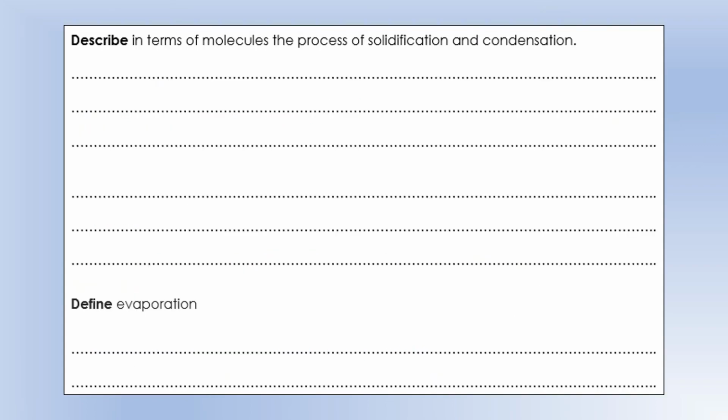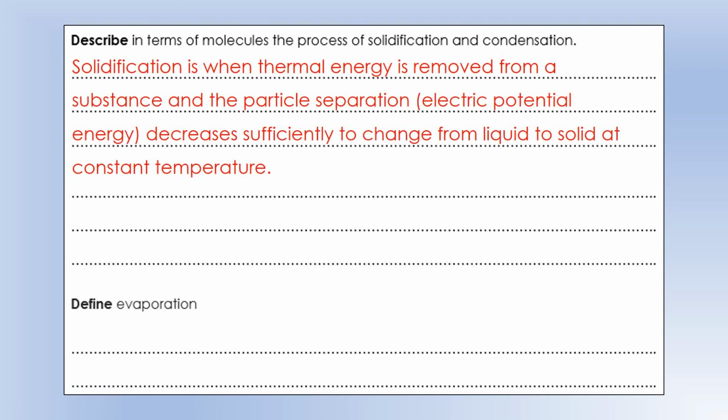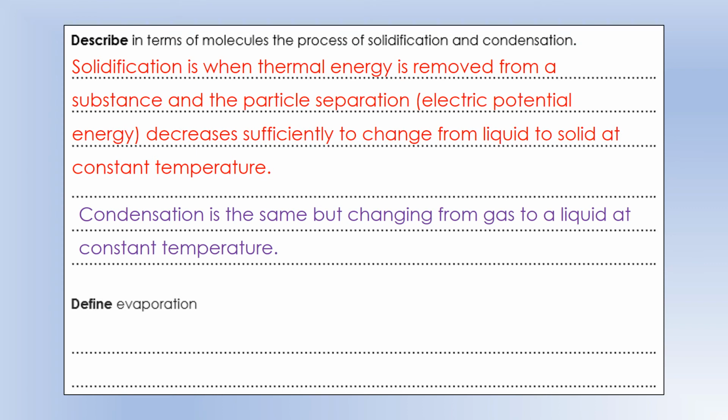So describe in terms of molecules the process of solidification and condensation. Solidification is when you remove energy, and that causes the particle separation or the electric potential energy to decrease. So in terms of solidification, it's to change from a liquid to a solid, whereas condensation is the same but changing from a gas to a liquid.